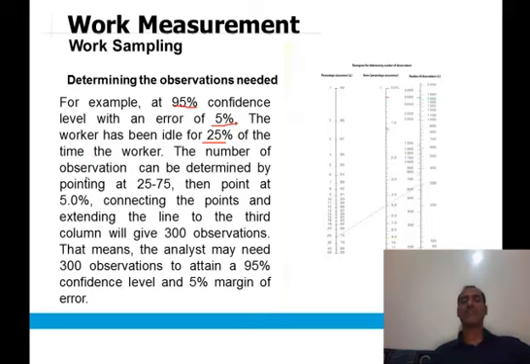The number of observations can be determined easily by pointing at 25 and 75, then pointing at the error, which is 5%, connecting the points and extending that line to the third line, which will give 300, or by calculation 288.